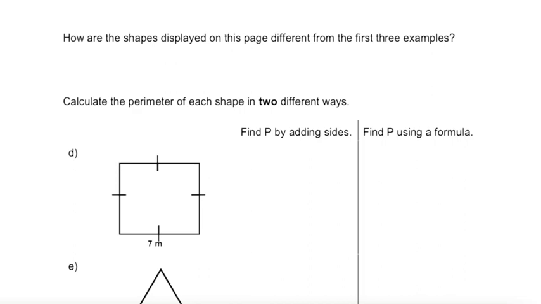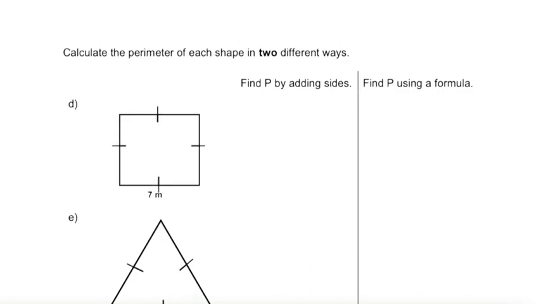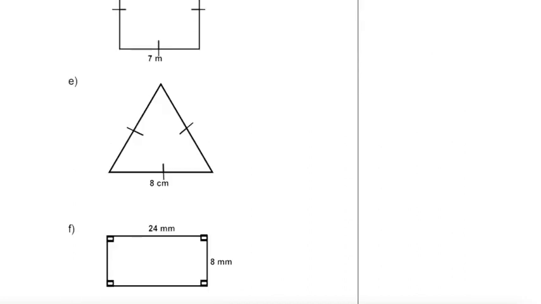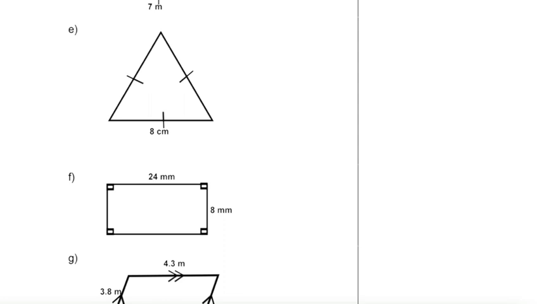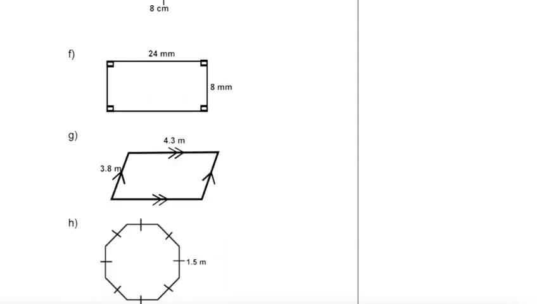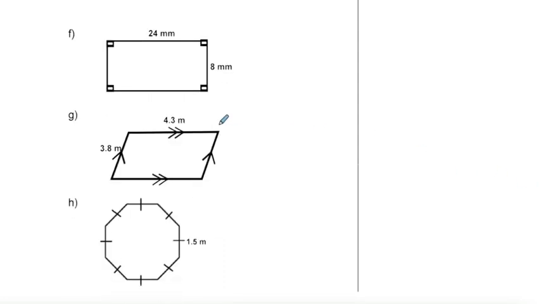Next, we want to think about how are the shapes displayed on this page different from the first 3 examples? Well, if we look at these shapes, we'll notice that they all have something similar to them. They're either shapes that have sides that are the same.